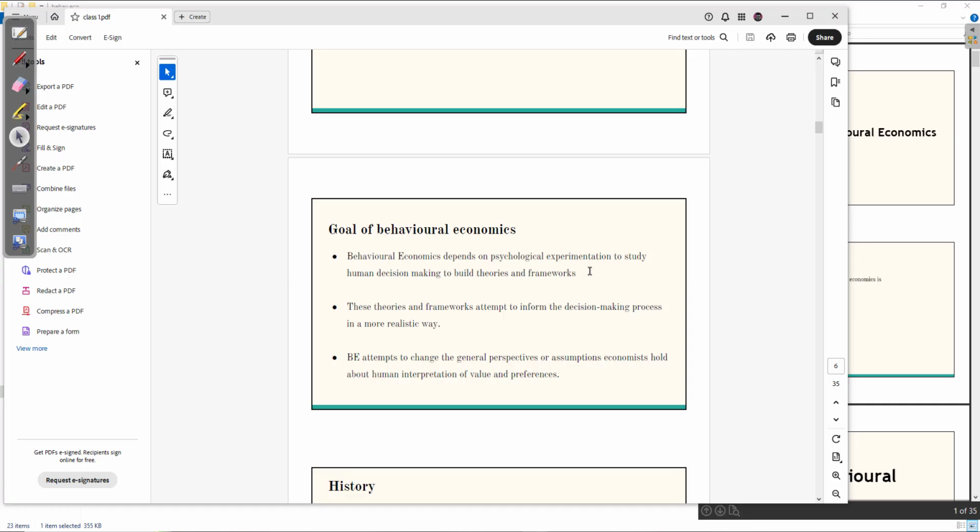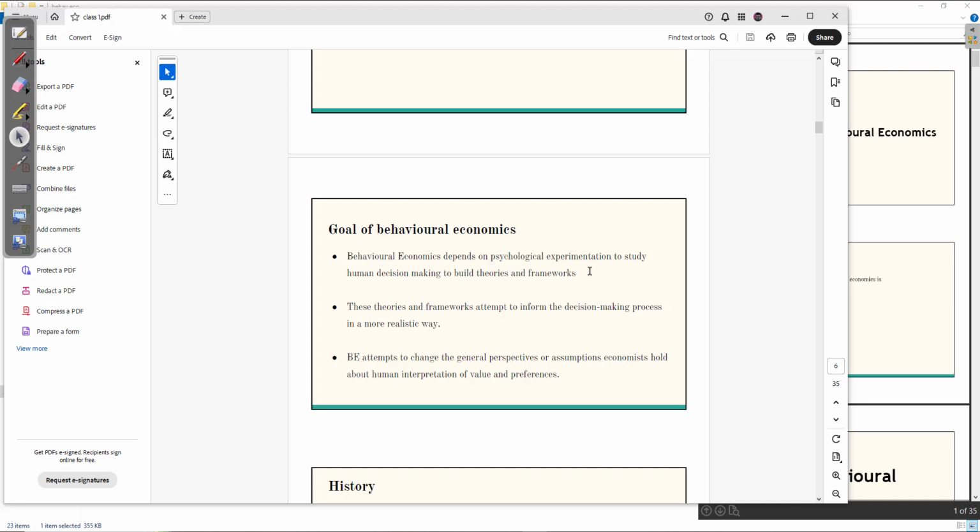Now, what are the goals of behavioral economics? We have seen what it is, but what is the aim of studying behavioral economics? Behavioral economics depends on psychological experimentation to study human decision making, to build theories and frameworks.